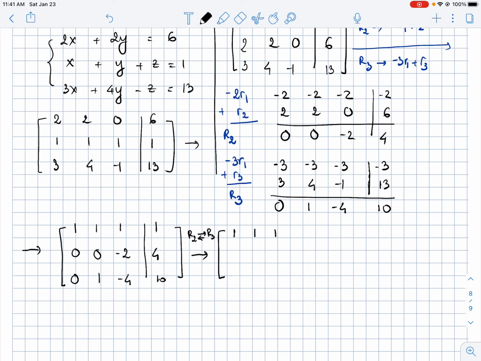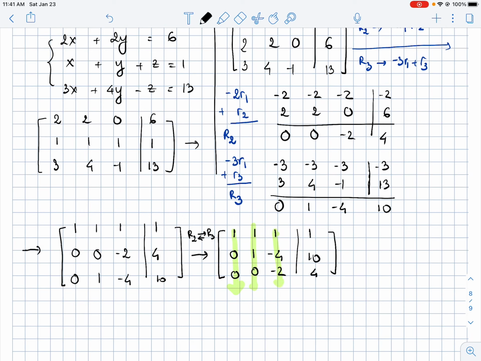So 0, 1, negative 4, 10 becomes the second row, and 0, 0, negative 2, 4 the third. Okay, so the first column is done. The second column has 1 and 0, and the third row is done. So we go to the third one.